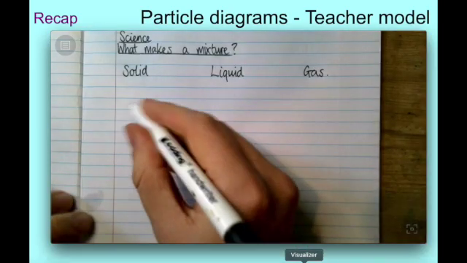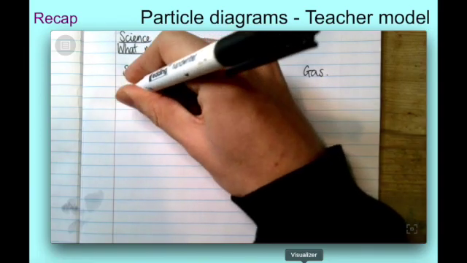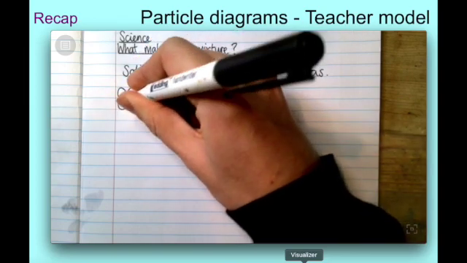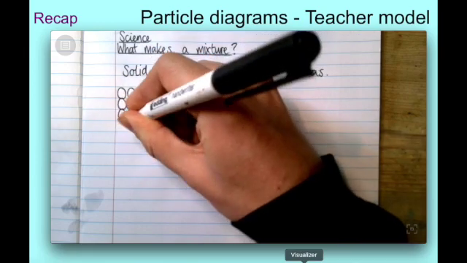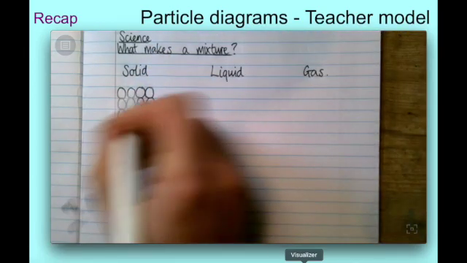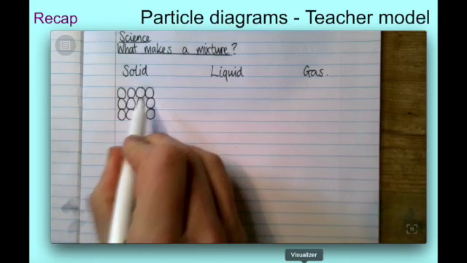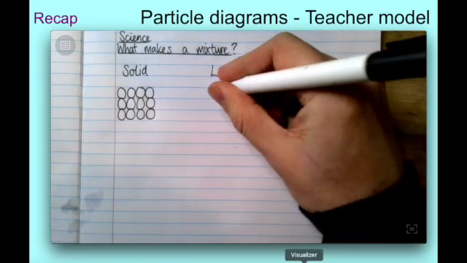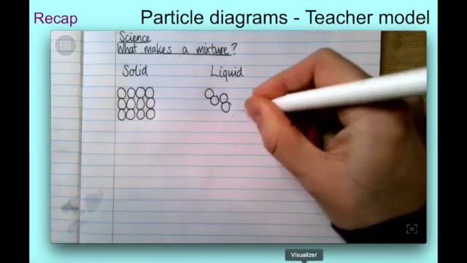So a solid. Our particles in a solid, okay, here's our particles. In a solid, all of our particles are arranged in rows, they are rigid, and they are touching, okay? So they don't move around, they are solid, they are in rows, touching, and are rigid, they don't move. In a liquid, they are still touching, but they are arranged randomly.